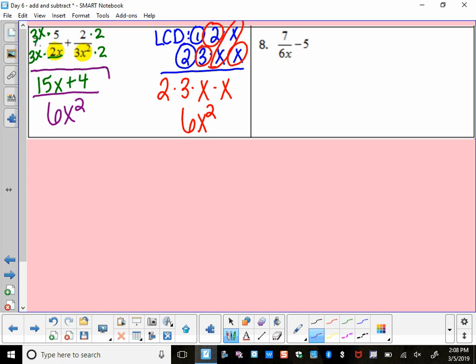I can't do anything else with it. So that is my answer: 15x plus 4 divided by 6x squared. Any questions here?